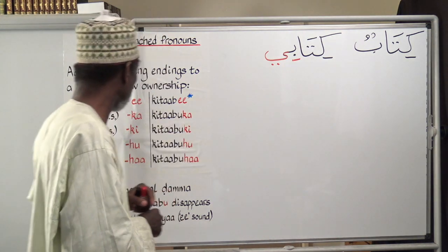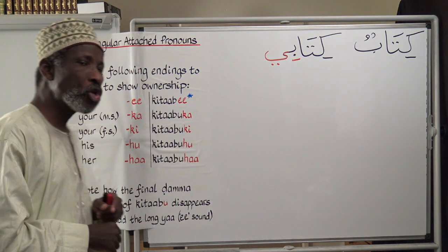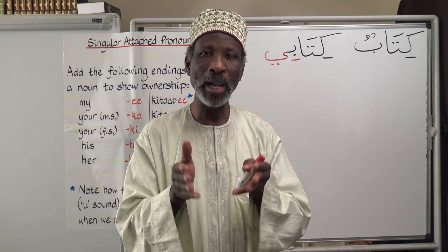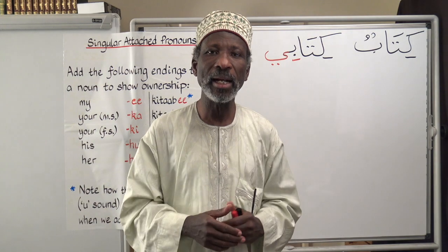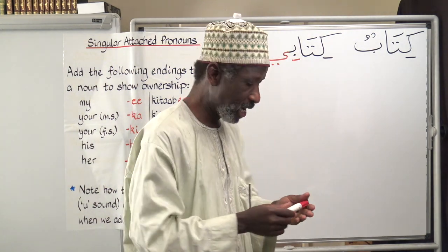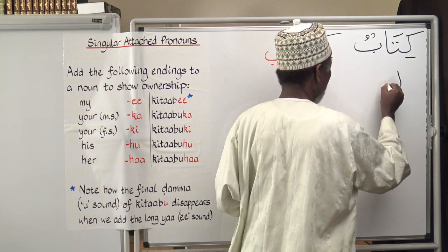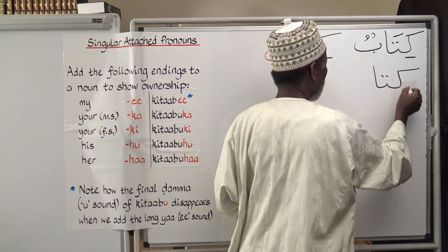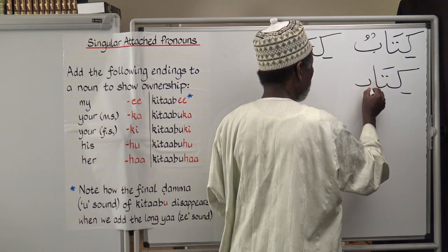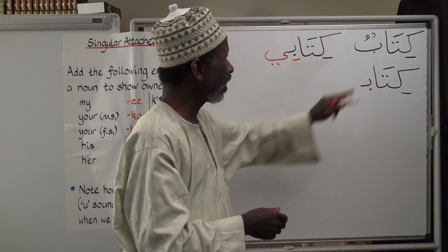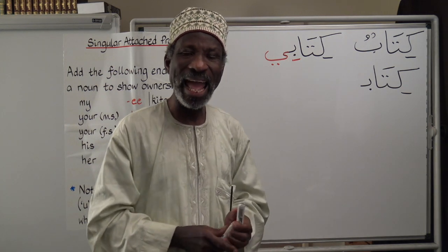Kitaabee, my book. What about your book if I'm speaking to a singular male? Let's look at the changes we're going to make to achieve that. So we have kitab. I'm using the kitab as our template. Again, kitabun, a book.